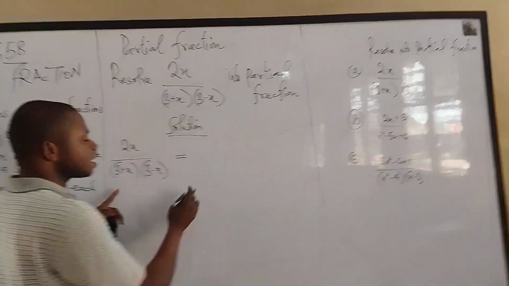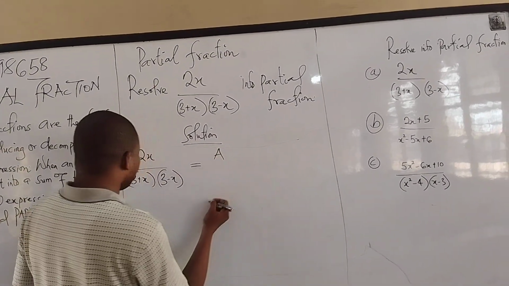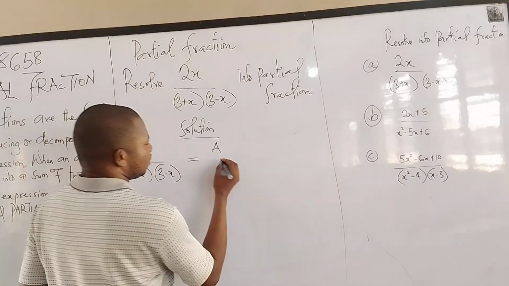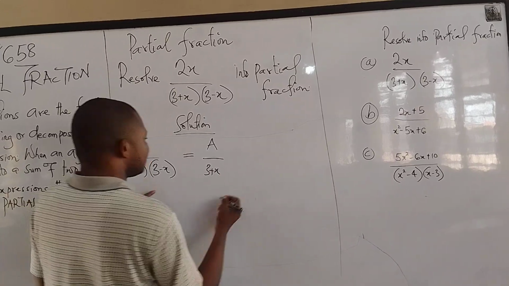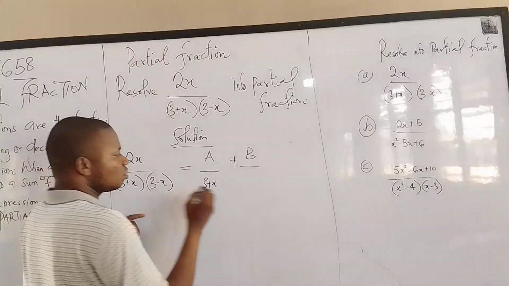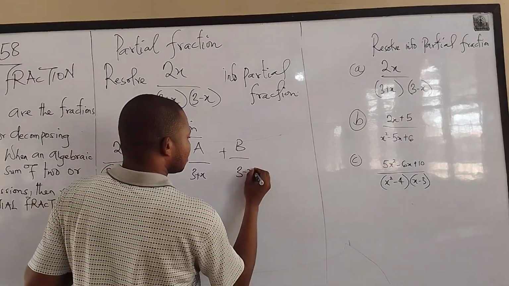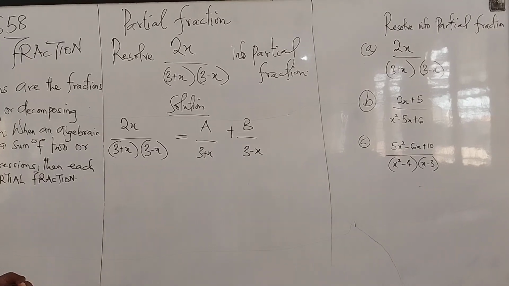So for me, I will use alphabets. It is equal to A over the first factor, that is A over 3 plus x, then the next one will be plus B over the next factor, which is 3 minus x. Once you have done this, you are good to go.